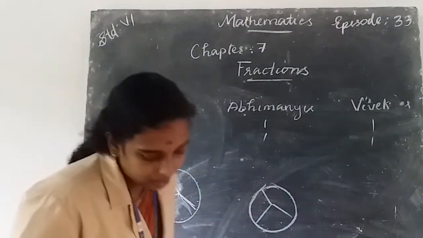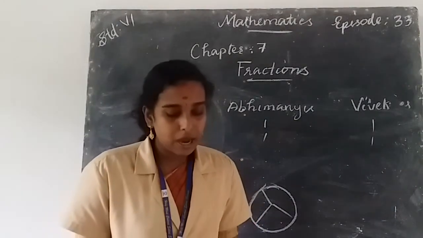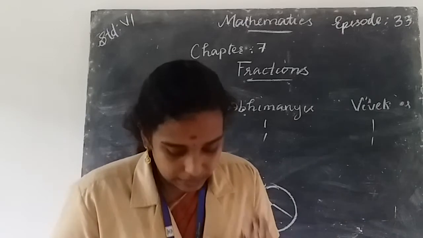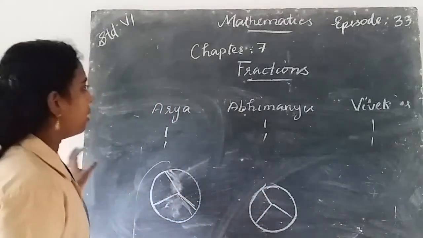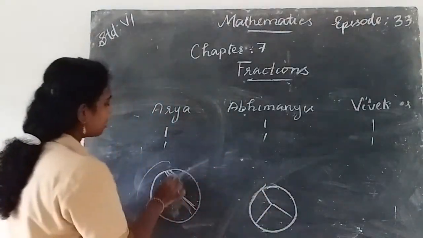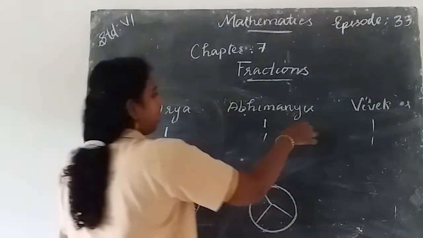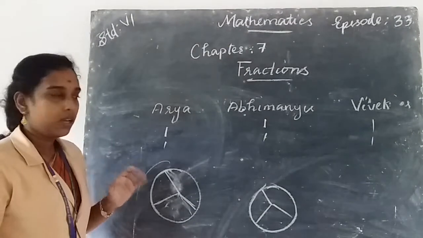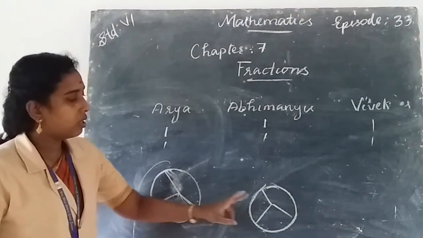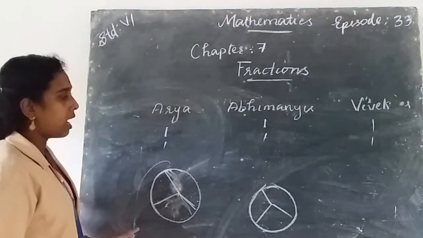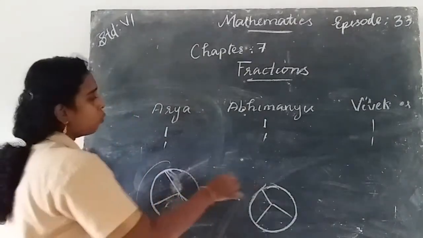Okay. And the next question: what part of a sandwich will each boy receive? Here Abhimanyu gets one part of the vegetable sandwich and one part of the jam sandwich.